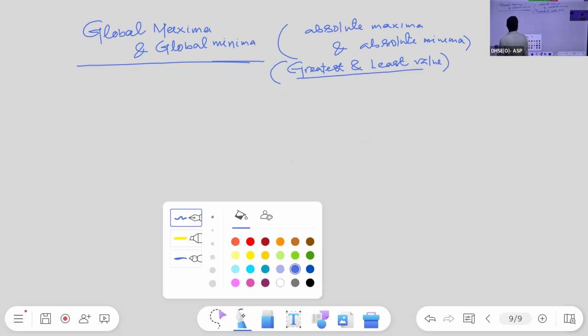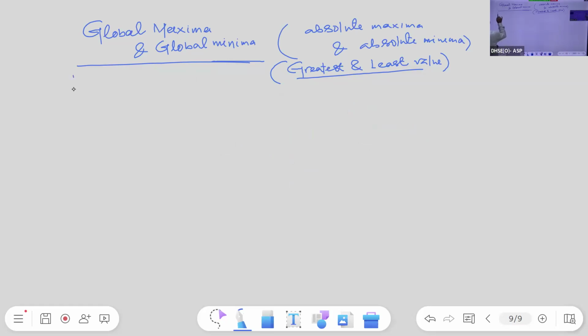Write down the working rule for global maxima or global minima, or global extrema.